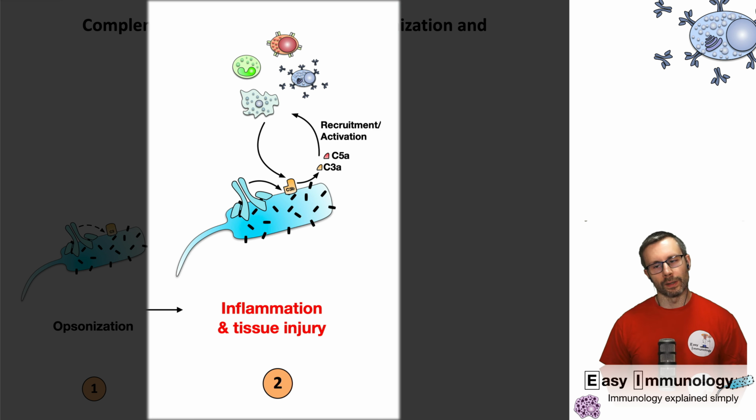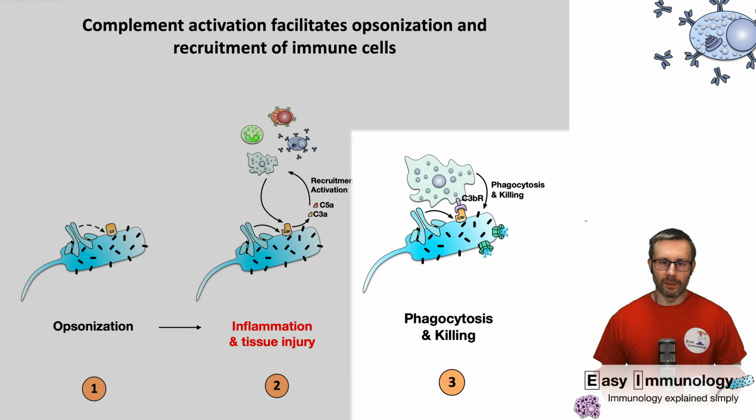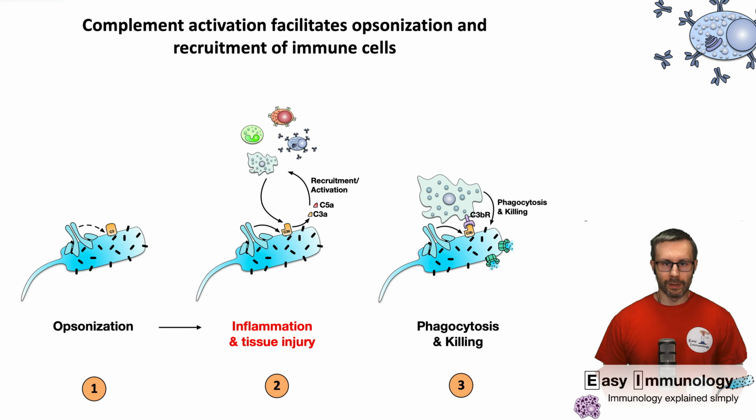We will later on see what are the characteristics of an inflammation, and this results in also damage in your body. So therefore, that's why I colored it red, because this will lead to you not feeling so well, because in the process of destroying the bacterium, for example, also parts of your body can be damaged. And then there is the phagocytosis and killing of the invading pathogen that then results in us being protected from said pathogen.